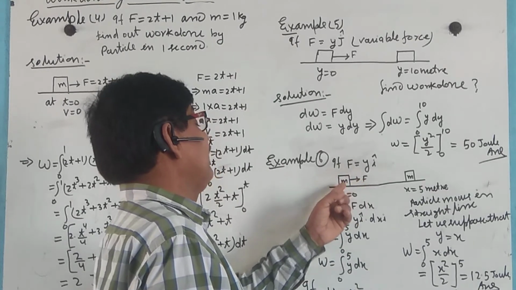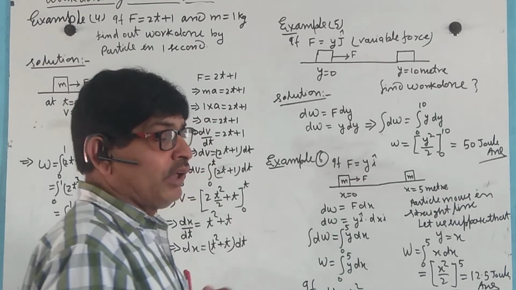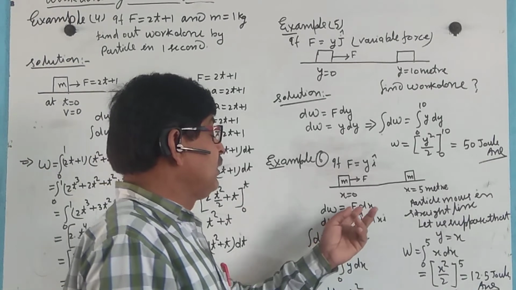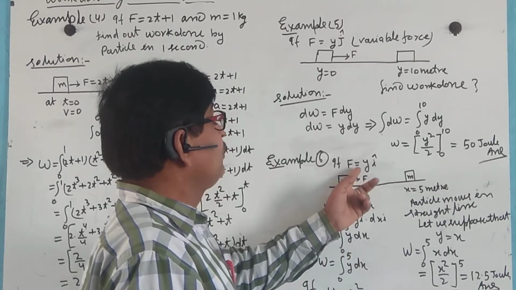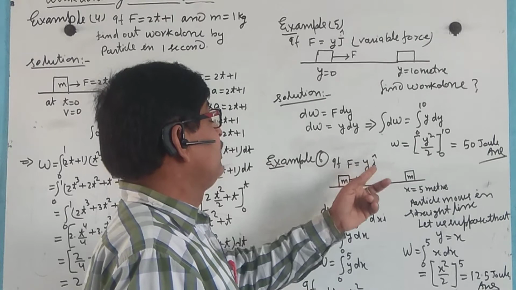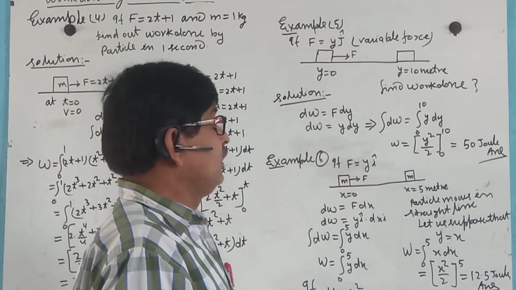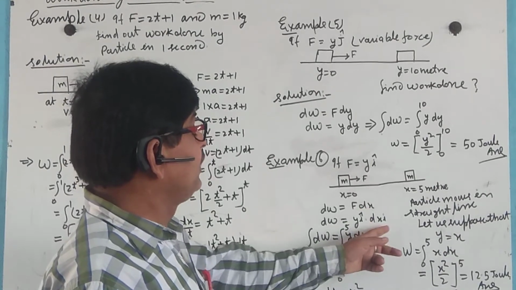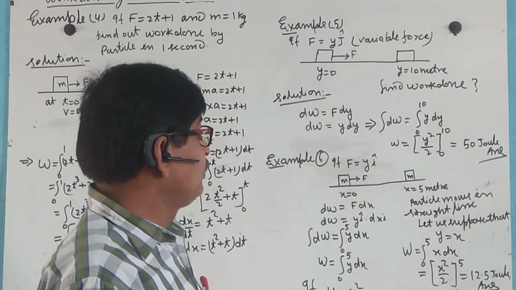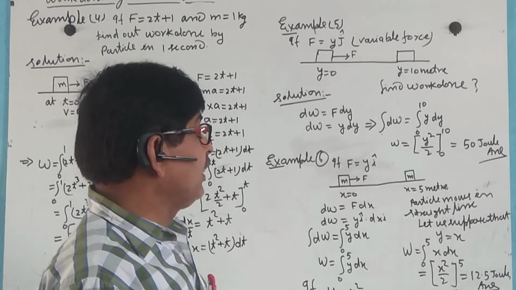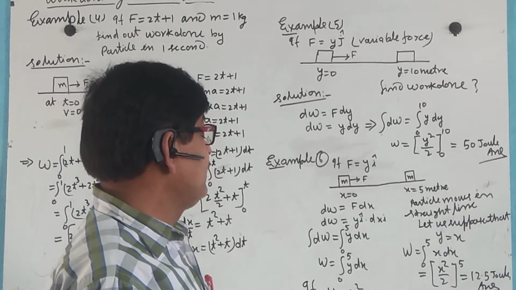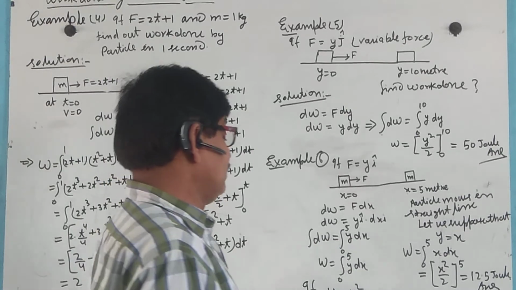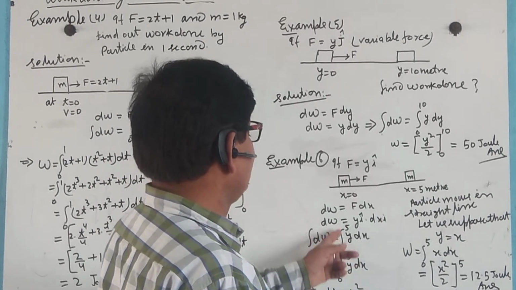Force F is applied on this; as you know, dW is equal to F dx. F is given as y i cap in vector form, and dx can also be written in vector form, and we know that i is equal to 1. It can be written as y dx, from 0 to 5.